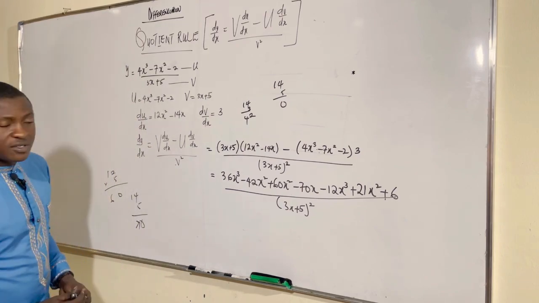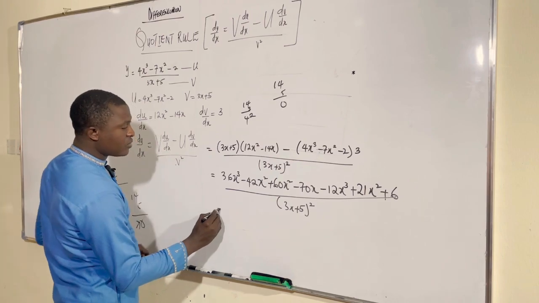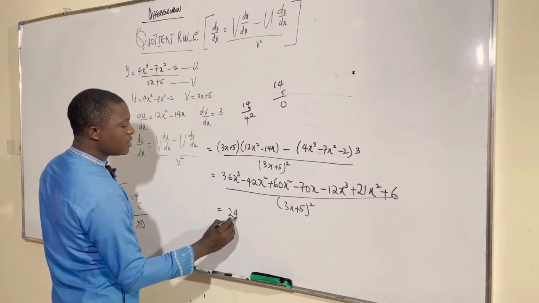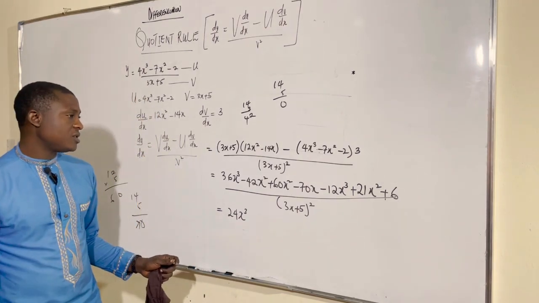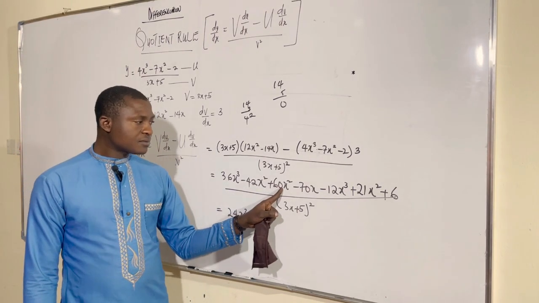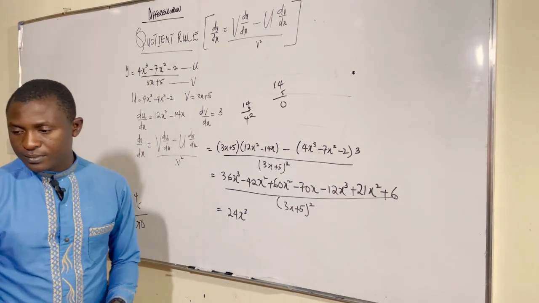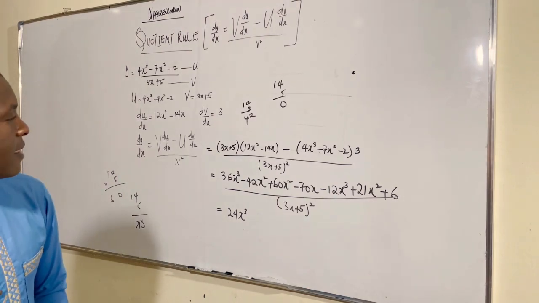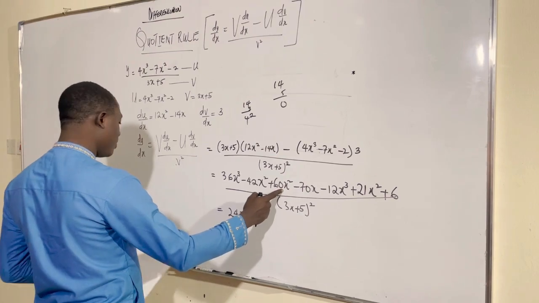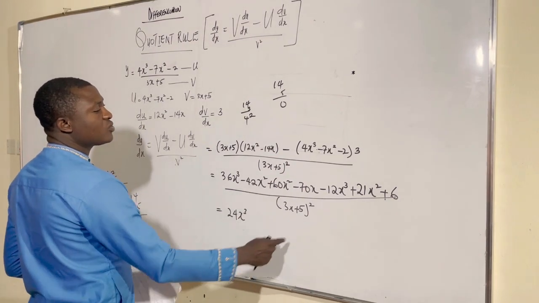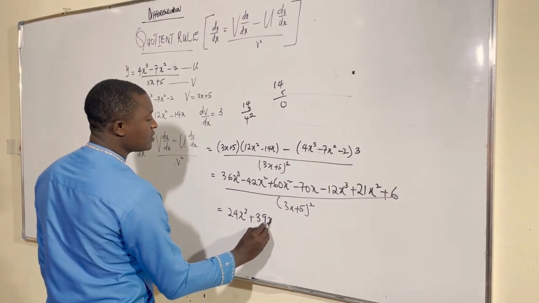So let's put together the terms with the same power. 36x cubed minus 12x cubed gives 24x cubed. For the squared terms, minus 42x squared plus 60x squared plus 21x squared gives 39x squared.